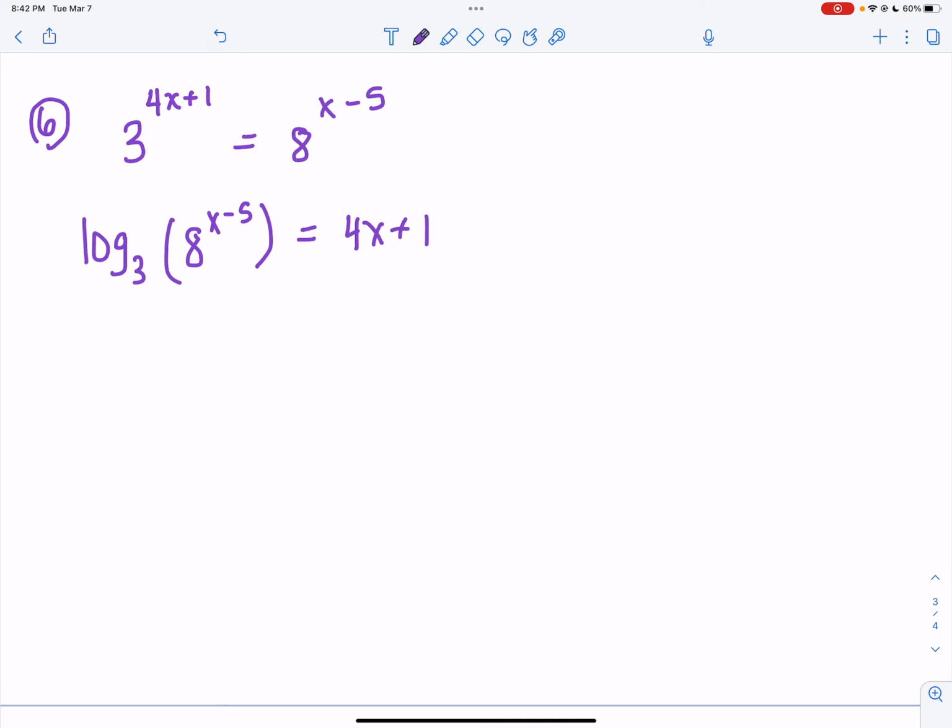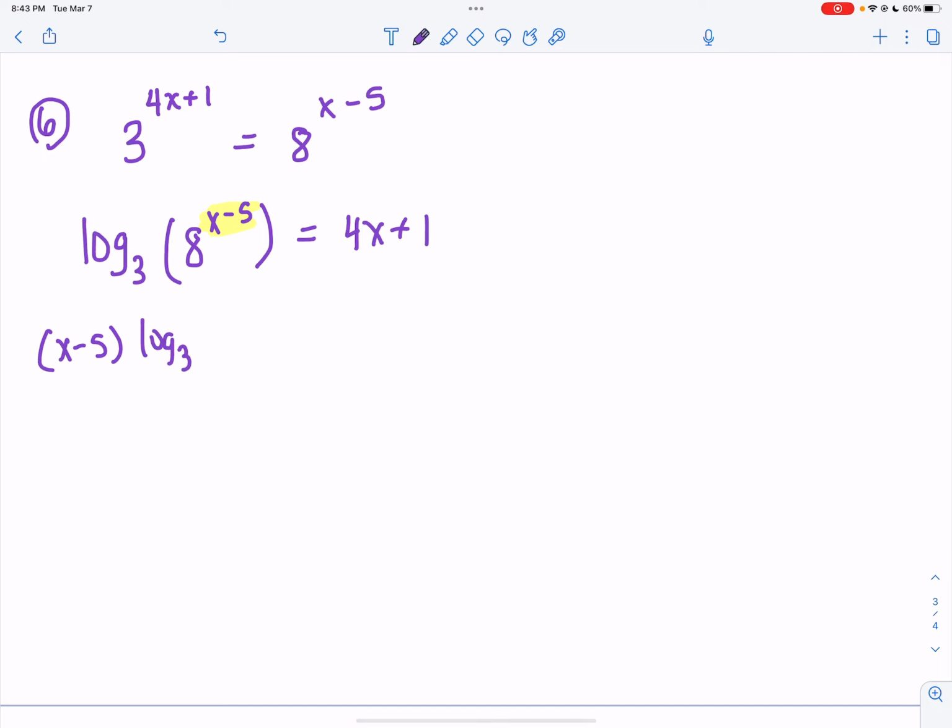Once I get to this, I have a variable on the right, my 4x plus 1, and then I have x minus 5 in my exponent. And I don't want that. However, remember, one of the log properties is that we can bring this exponent up front. So now I have x minus 5 log base 3 of 8 is equal to 4x plus 1.